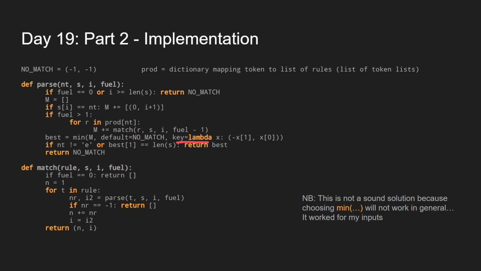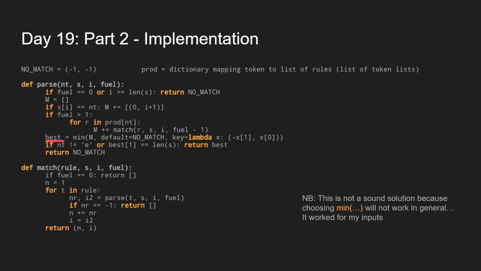So this is kind of a tricky way of doing this, using the key argument to min. It's useful for changing the sorting order used when finding the minimum.